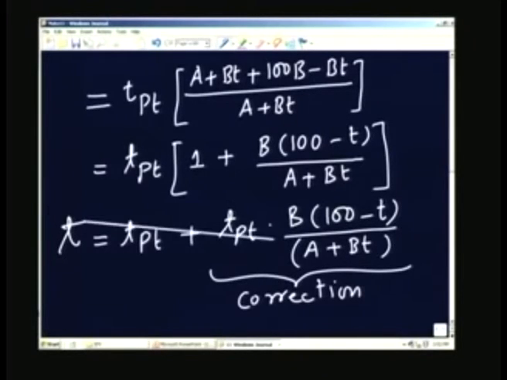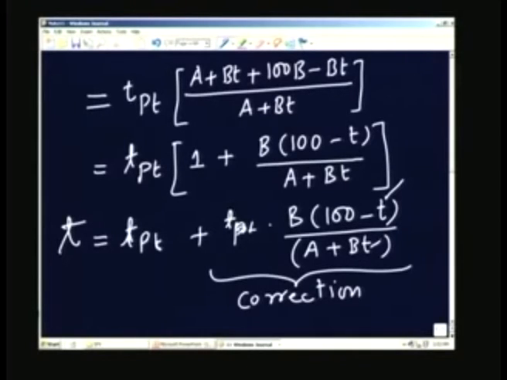And of course, if you look at the second term, you will see that it contains the temperature again.